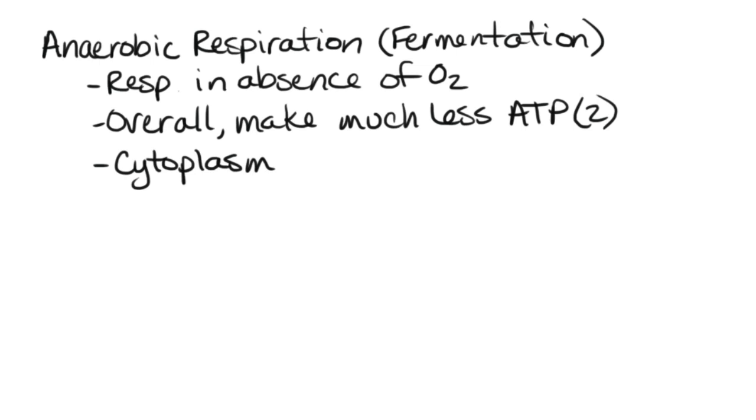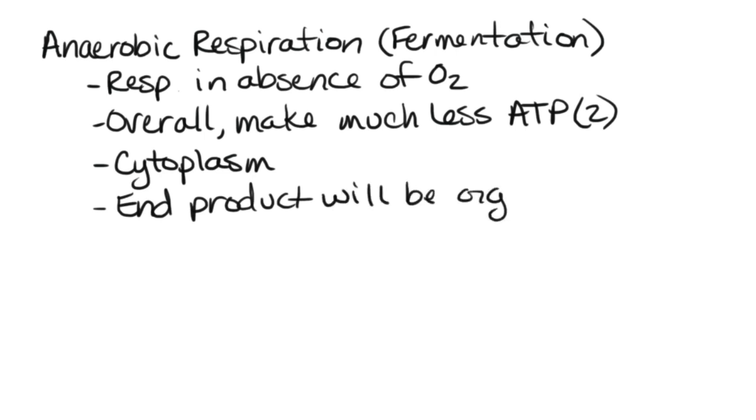And we also want to say that the end product will be organic. So in other words, we're not going to, in this case, be taking our glucose or our food source and turning it completely into inorganic carbon, which would be carbon dioxide. We're going to be left with organic end products.